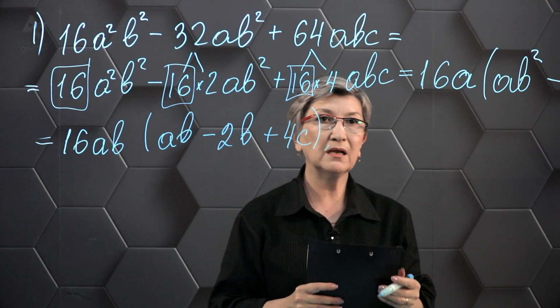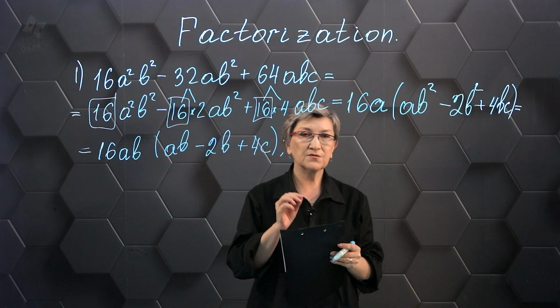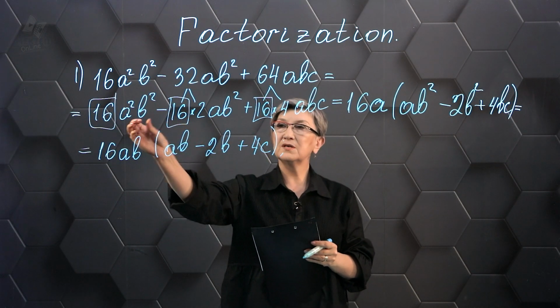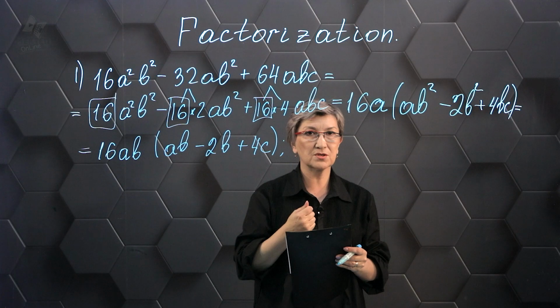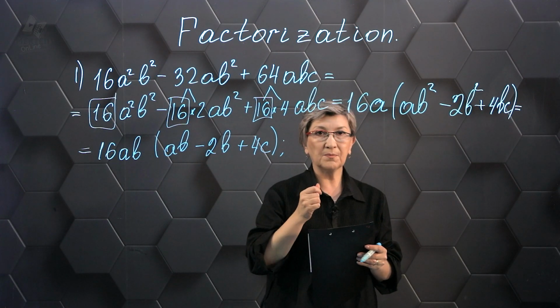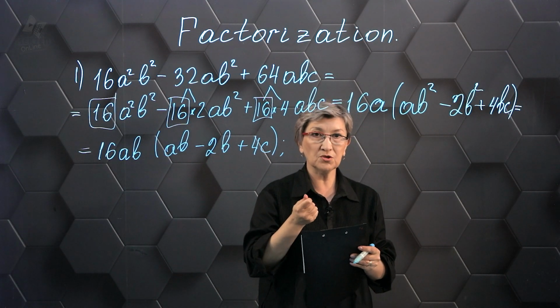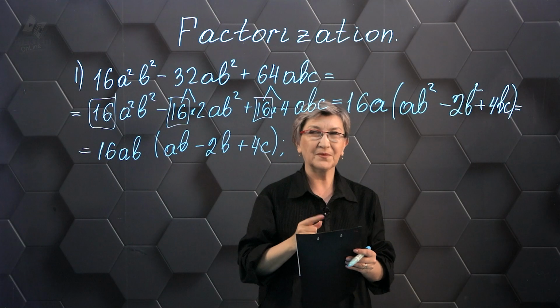Thus we have performed complete factorization. I want to point out that we could have seen the common factor of b and taken it out immediately. However, with this approach, I wanted to show you that if there is another common factor left in the parentheses, it can always be factored out additionally.